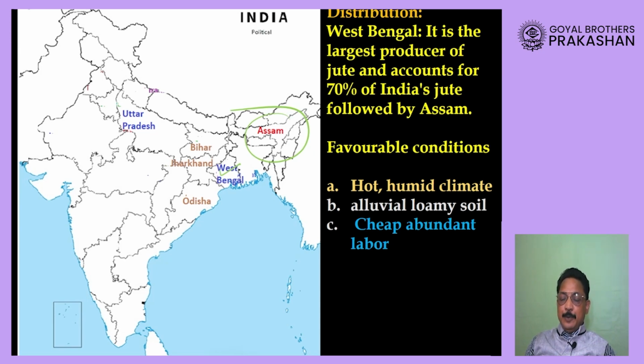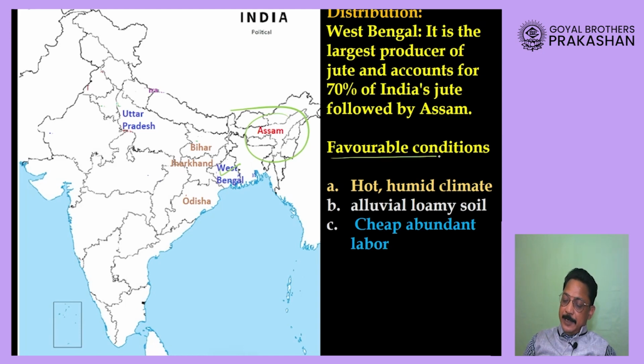You will be happy to know that our country at present is the largest producer of jute in the world. Initially, Bangladesh was the largest producer, but today India is the largest producer of jute in the world.